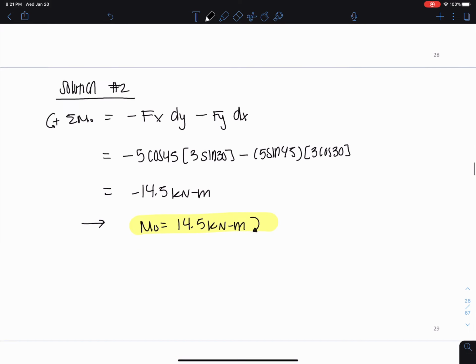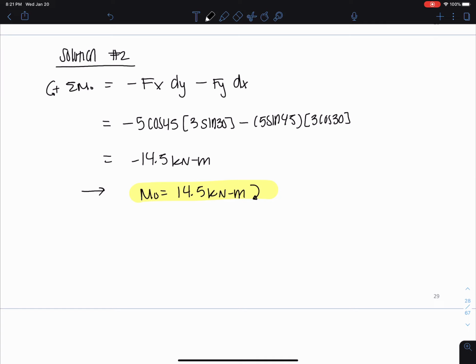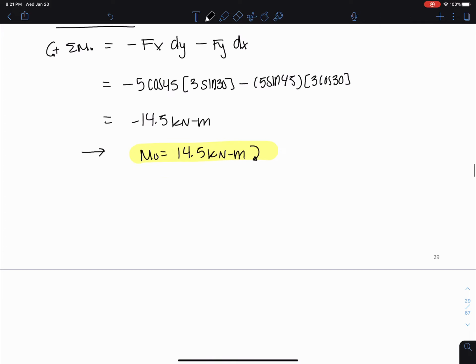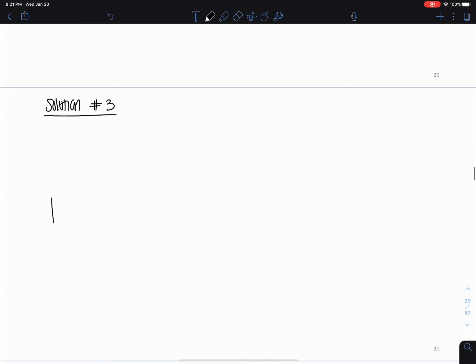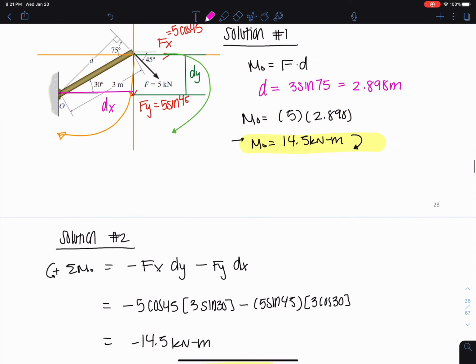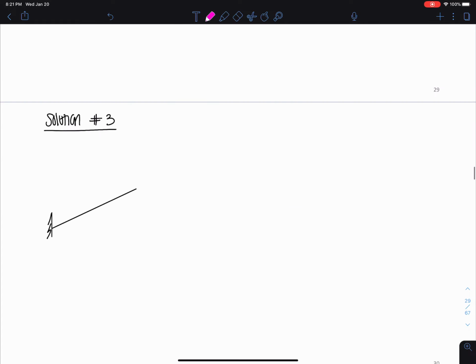And I'm going to show you one more way to do this, where you can still get the same answer. Number 3. Okay, so I'm actually going to redraw this problem right here. Redraw this rod. And basically we have a 5 kilonewton force.